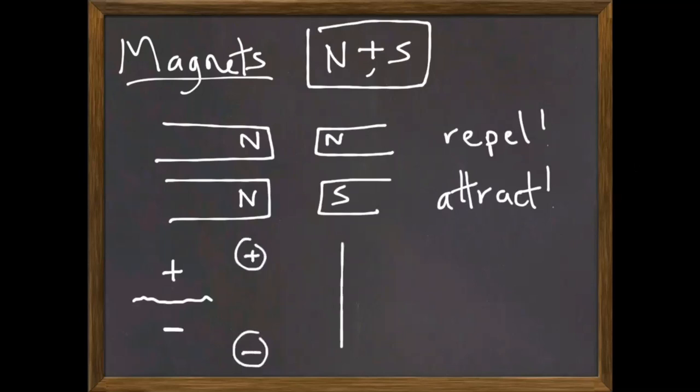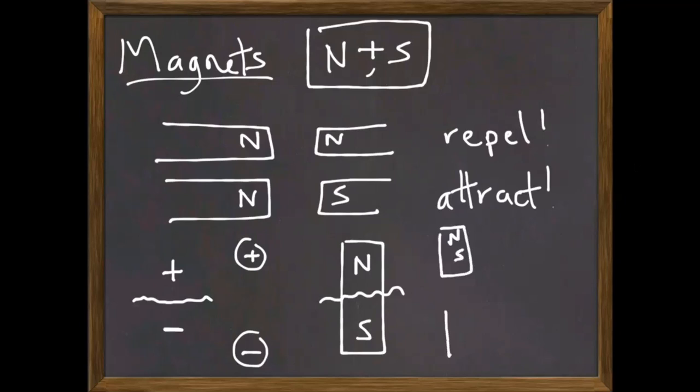If I take a bar magnet with a north and south pole, and I cut that bar magnet in half, I'm left with two little bar magnets that each have their own north and south pole. So it's not possible to isolate just a north pole or just a south pole of a magnet. They always come together.